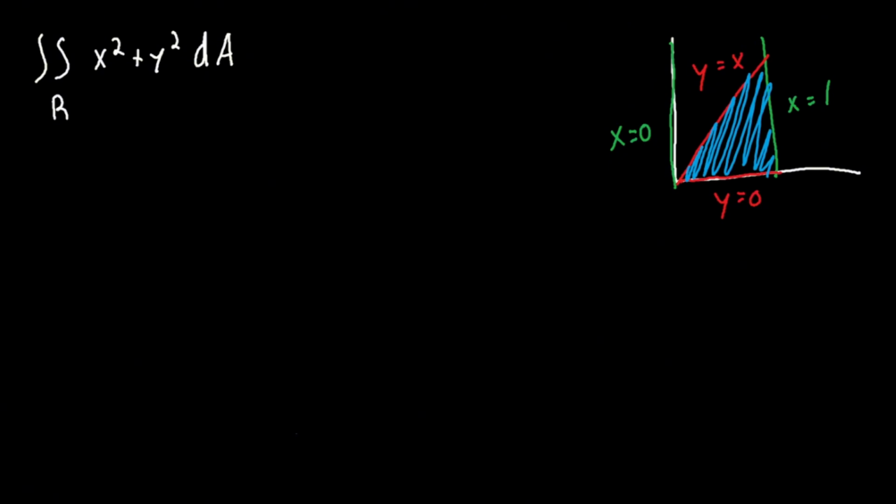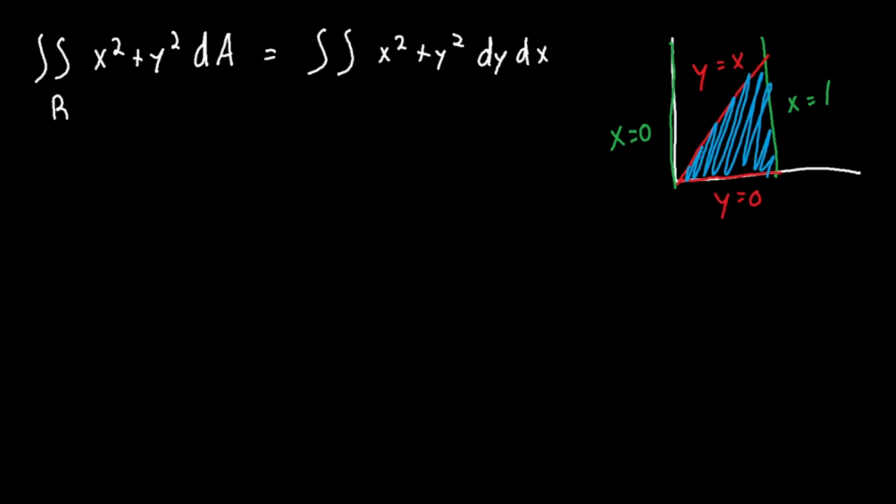Now, how would you start off doing this problem? Well, if you look at an integral, you would need to set this up like so, and you would need to choose some order in which you would integrate upon. And the order of integration matters, but for this problem it won't matter so much. So for dy, let's integrate with respect to dy first.